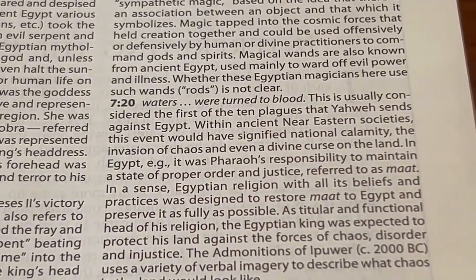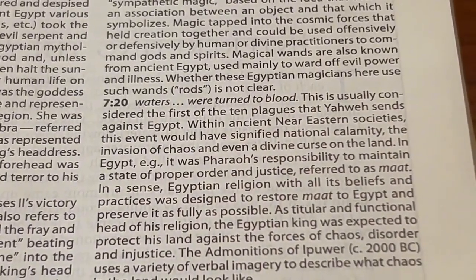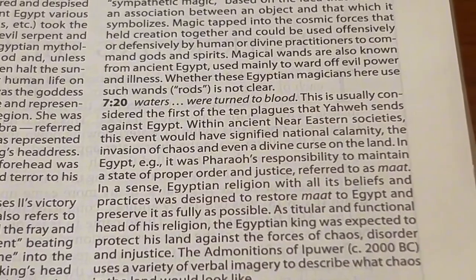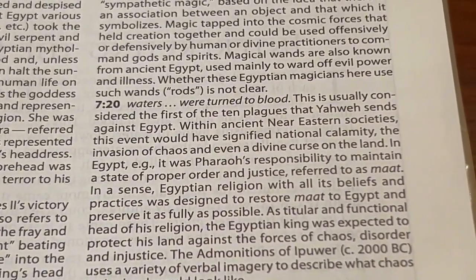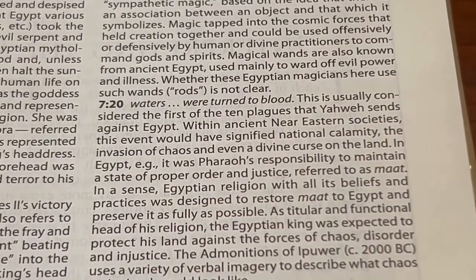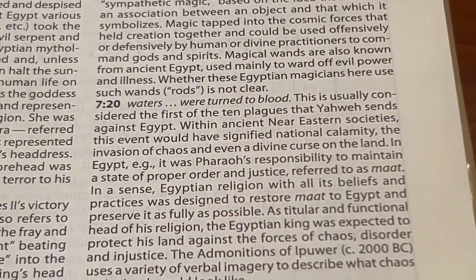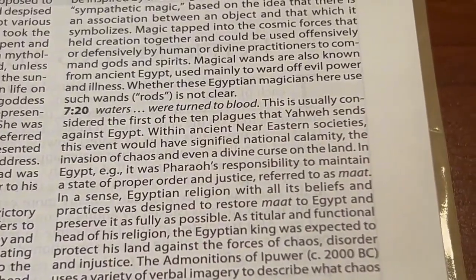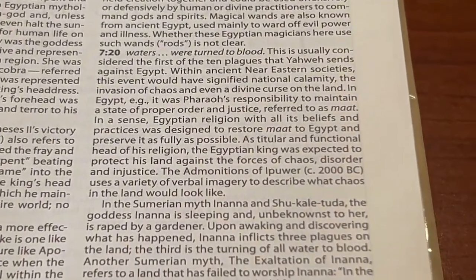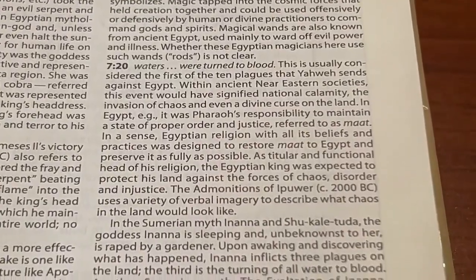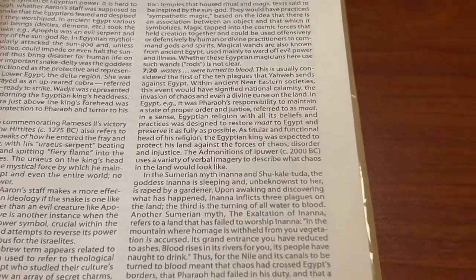Within ancient Near Eastern societies, this event would have signified national calamity, the invasion of chaos, and even a divine curse on the land in Egypt. It was Pharaoh's responsibility to maintain a state of proper order and justice, referred to as ma'at. See, that's all I'm going to read, but that's what you get in this book. The cultural background information. How about that?